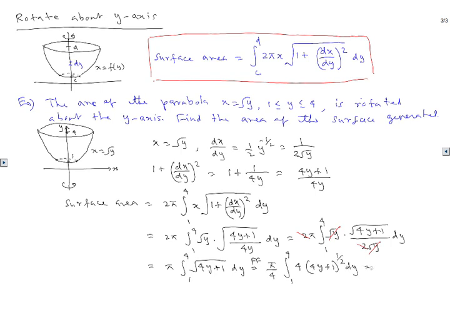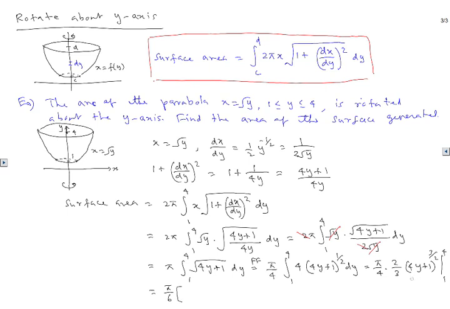So this is a very easy integral. The integral is going to be pi over 4, the power is 1/2, so add 1, so it becomes 2/3 times (4y plus 1) to the 3/2. The values are 4 and 1. So let's plug in the values. If you plug in the values, there is simplification here, so you're going to get pi over 6 first, and then we're going to put 4.